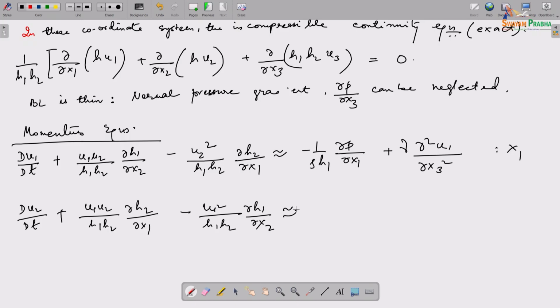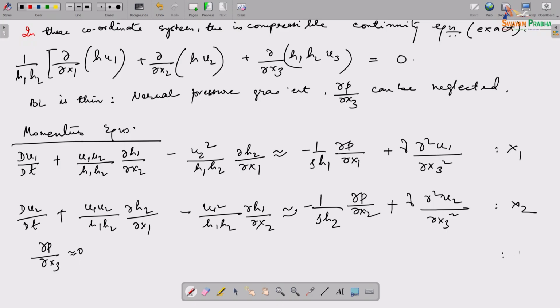Now, that is equal to, okay. So, this is your equation in the x2 direction, and the third equation is, of course, del p, this is in the x3 direction.